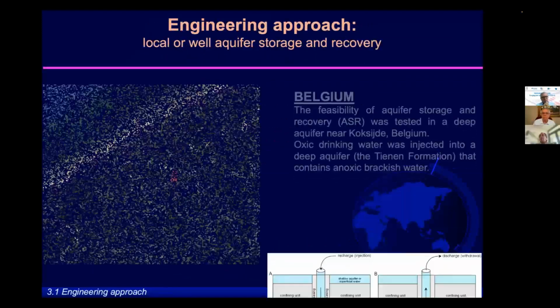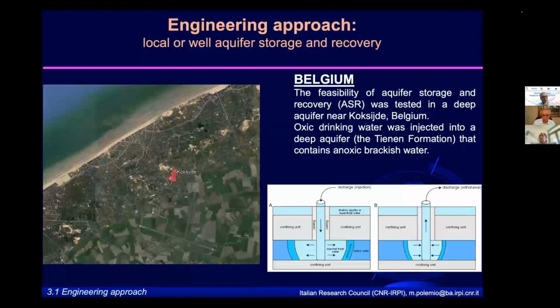And there are also peculiar solutions, as in the case in Belgium, where the salinized aquifer was used to store fresh water and to reuse this during the period in which the demand is higher, typically here in the summer period.